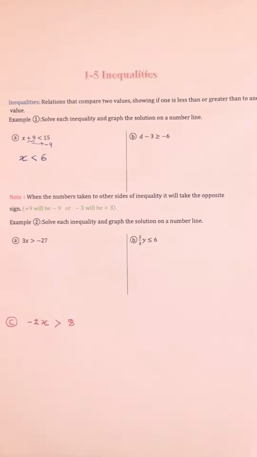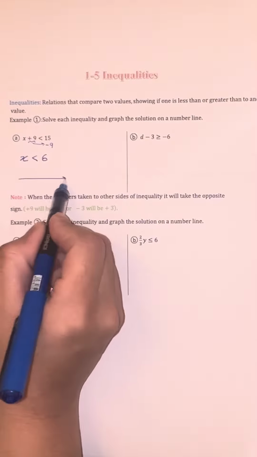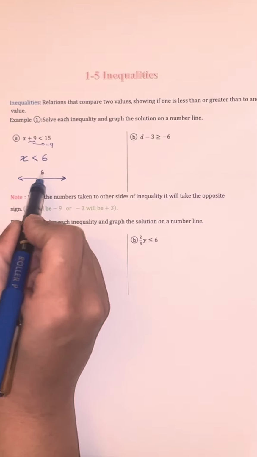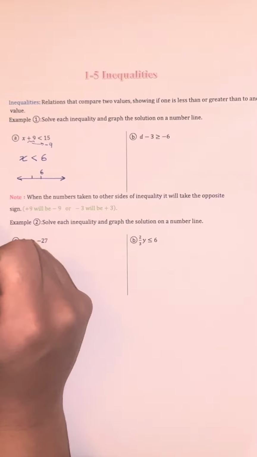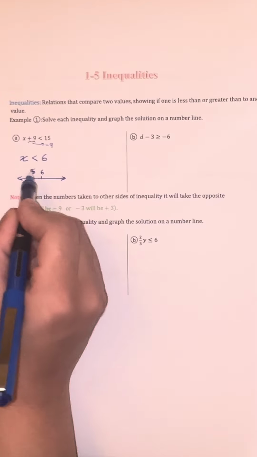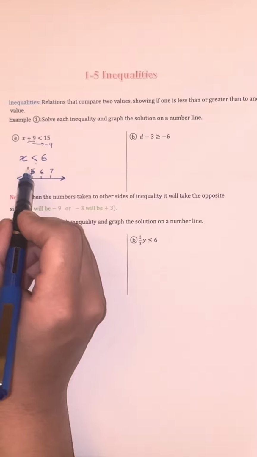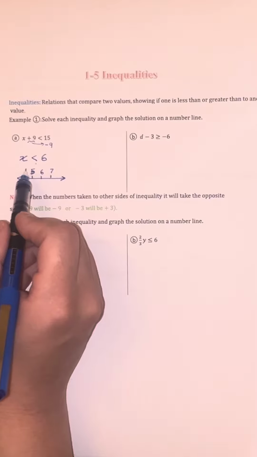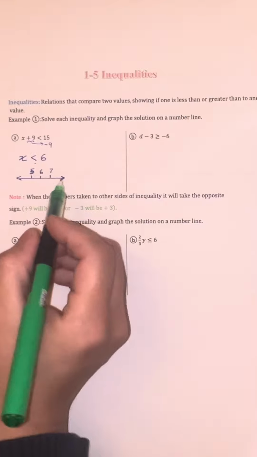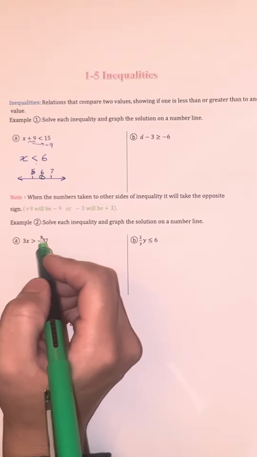So we need to graph the solution on a number line. This is the number line. I will write 6 here, and the number smaller than 6 is 5, the number greater than 6 is 7. So if there is just a less than sign or greater than sign without the equal sign, I will draw an open circle on number 6.